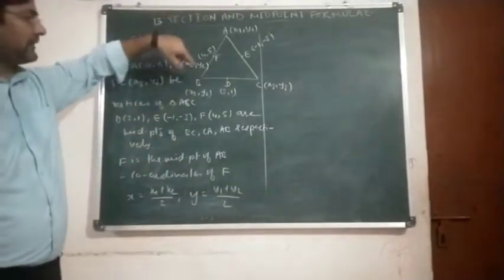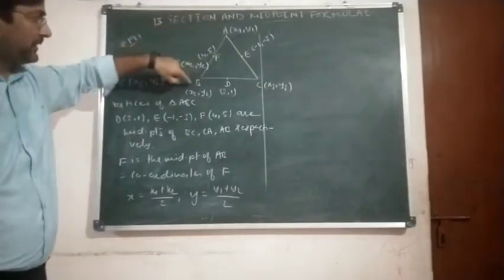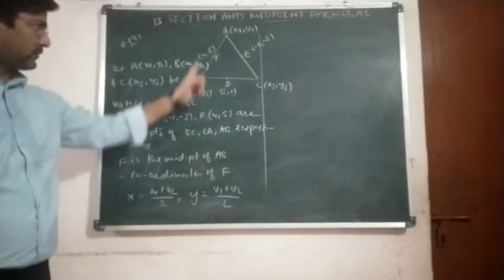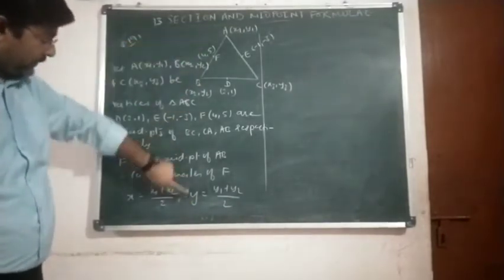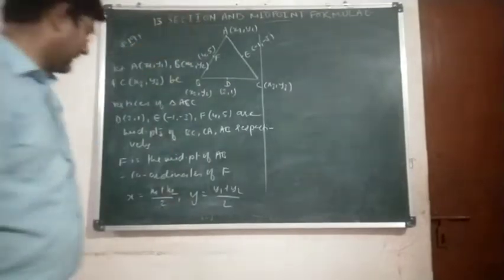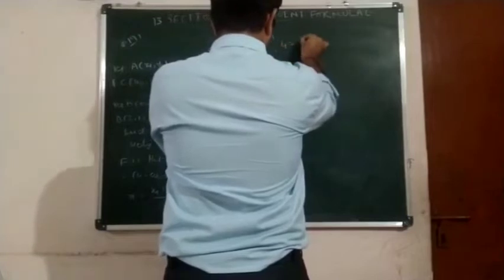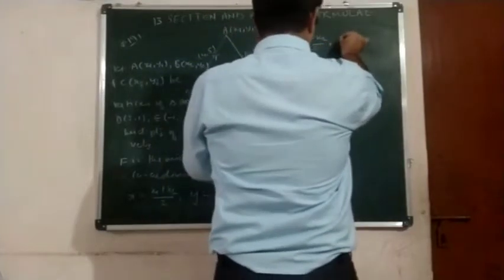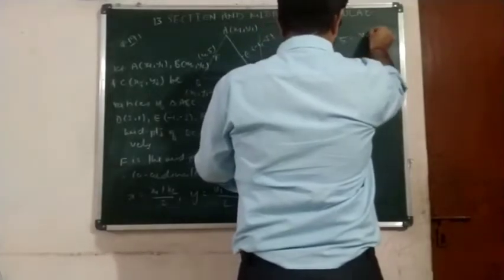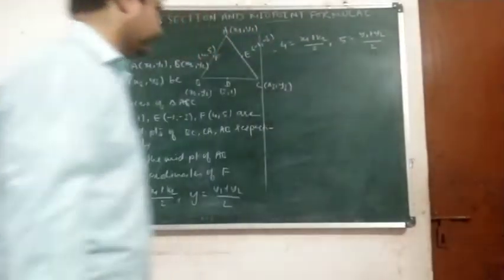Here (x1, y1) and (x2, y2) are respectively the coordinates of A and B, while x and y are the coordinates of F. So the value of x is 4 and the value of y is 5. Let us substitute. Therefore 4 is equal to (x1 plus x2)/2 and 5 is equal to (y1 plus y2)/2.